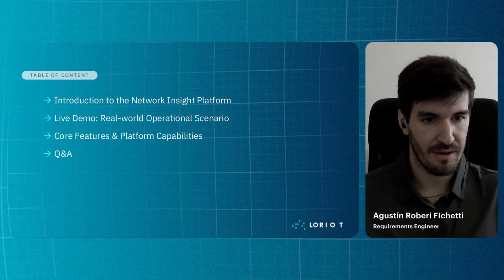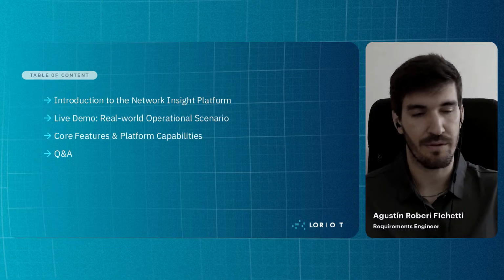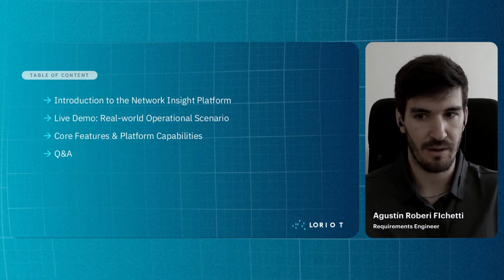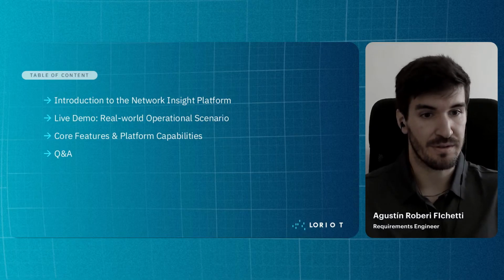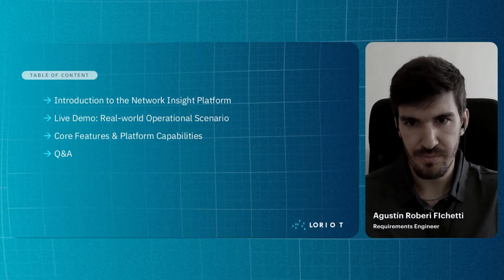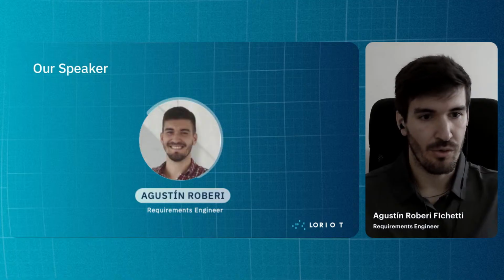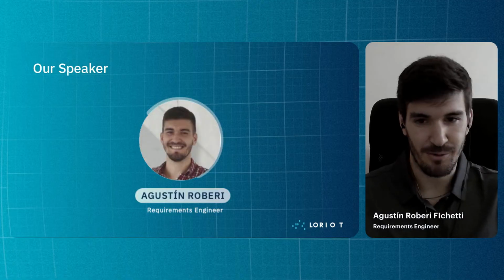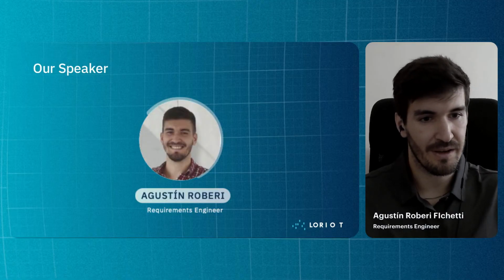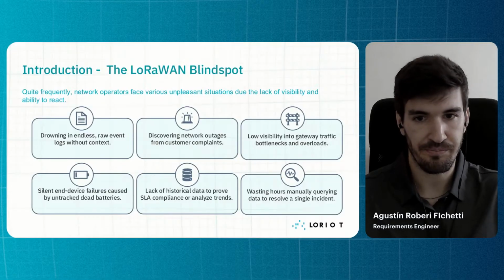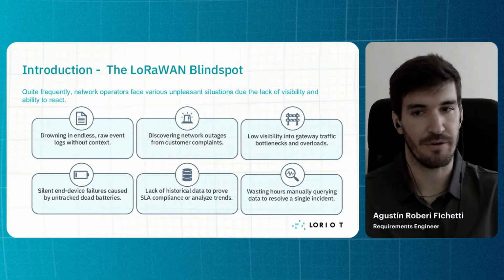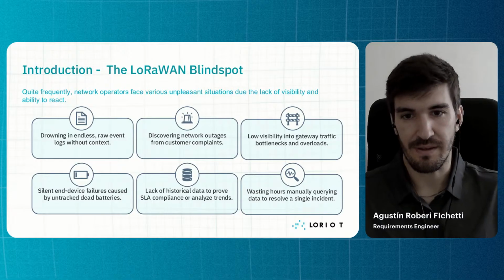At the end, you can leave your questions, and we have a quick Q&A session, and I will try to answer all your questions. As Dario introduced me, I'm Agustín Roberi, a requirements engineer here at LORIOT. Without further ado, let's dive into it.